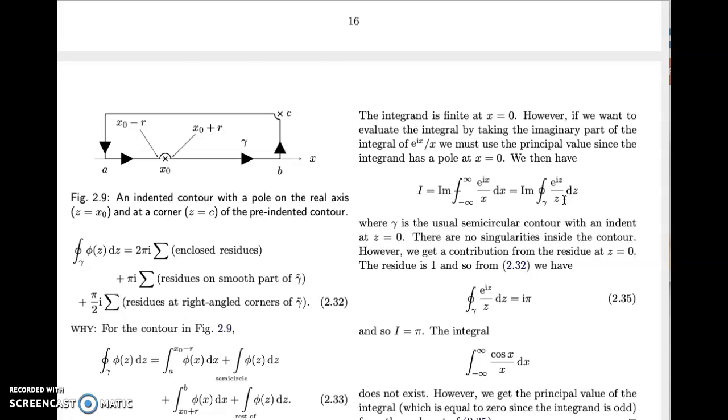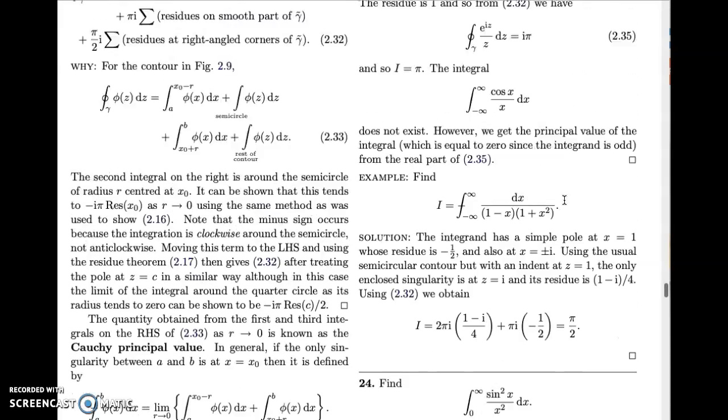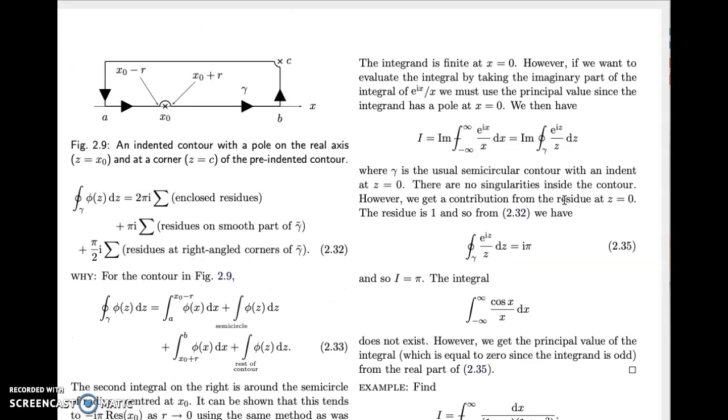So we are going to have to indent the contour at z equals 0. Now in this particular case, there are no singularities inside the contour, so this bit here is going to be 0. We only get i times pi times the residue of this function at z equals 0.